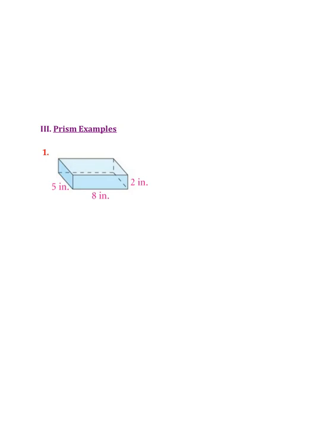So in this one, I'm going to write out my formula. The volume formula again is going to be the area of the base times the height. In this case, my base is going to be the one with dimensions of 5 by 8. So I'm looking at that rectangle that's laying on the ground, if you will. My area of that base is going to equal 5 times 8, or 40 square inches.